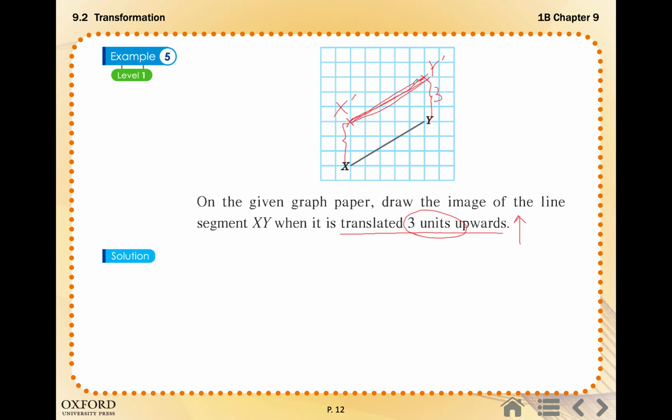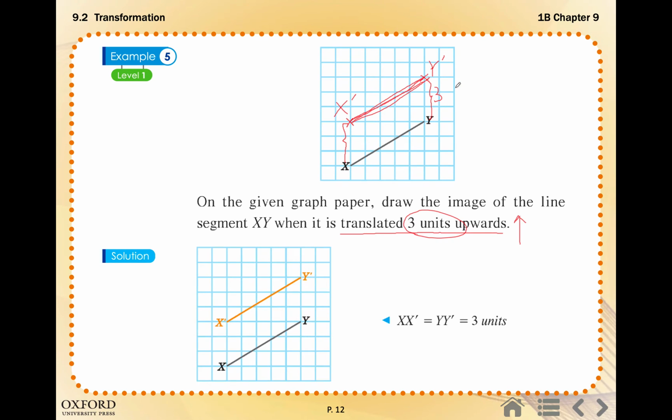Then this is the image of XY. You can see the solution here: the drawing of the image of XY after the translation of 3 units upward.